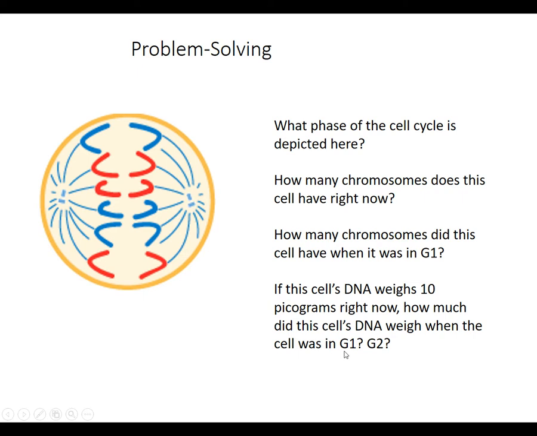So G1 would be 5 and G2 would be 10 picograms. So I can ask you about the chromosome count, and I can also ask you about the DNA weight. Those are 2 different things, although they require some of the same logic and some of the same understanding of what's happening in each phase of the cell cycle.